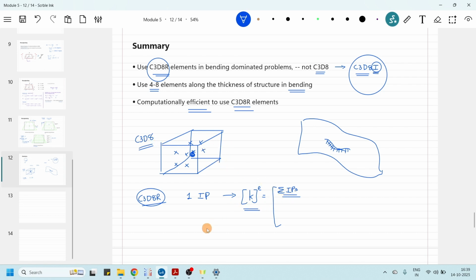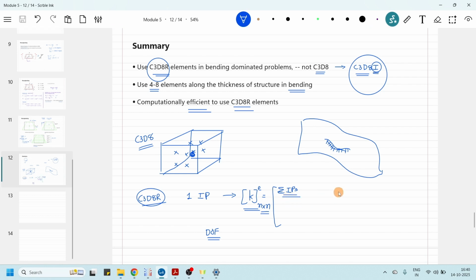Though the degrees of freedom and the number of equations remain the same, the K matrix, if it is n by n, where n is the degrees of freedom in the FEA model, will remain the same, but the stiffness matrix computation will be faster.